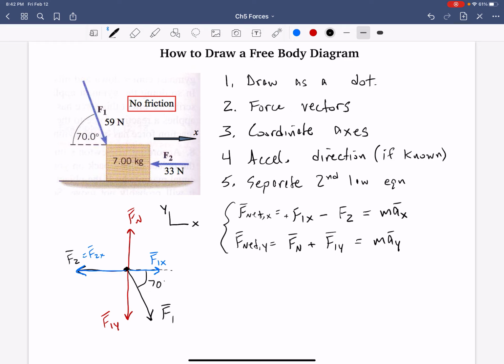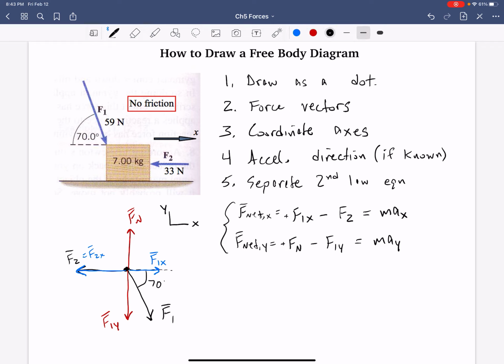So if you choose a sign convention here, you have to stick with it over here, okay? Goodness, excuse me. I need some water. Let's choose the signs over here. So the normal force would be positive. F1y is negative because that's going down. Okay. Take those off as well.